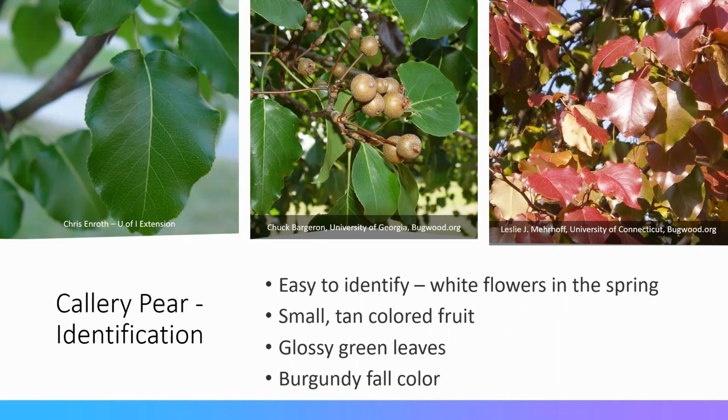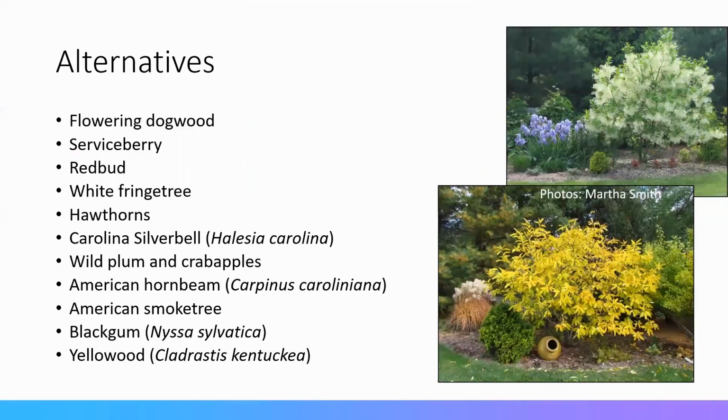It's important to look at all of the features of the plant, and in a wooded setting, that can be hard to do because these trees can grow fairly tall, and sometimes the leaves and the fruit can be out of reach. But they have glossy green leaves, burgundy fall color, and this small tan colored fruit. All of that will continue to hold true as it escapes into our natural areas.